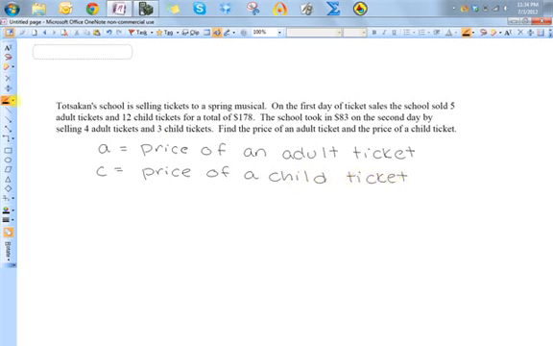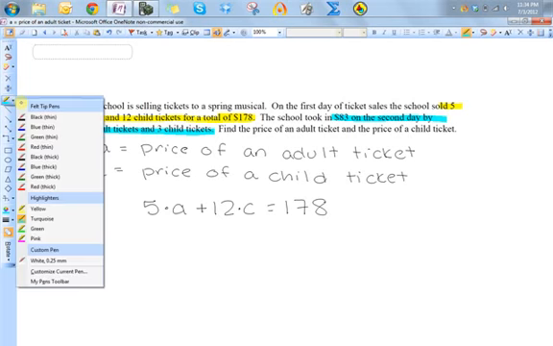Okay, so on the first day, they sold 5 adult tickets and 12 child tickets, and they got $178. So what that means is they did 5 times the price of an adult ticket plus 12 times the price of a child's ticket, and that equaled $178. On the second day, they got $83 by selling 4 adult tickets and 3 child tickets.